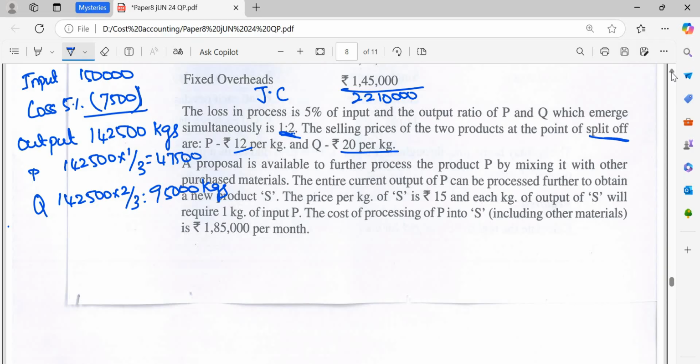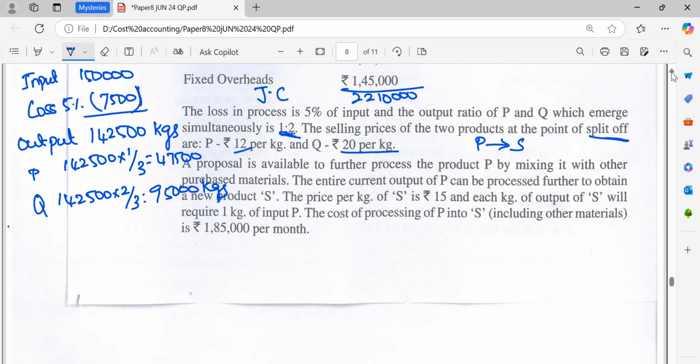P can be processed by mixing it with other purchased material. The entire current output of P can be processed further to obtain a new product S. So altogether P will be newly formed as S. The S price is 15 rupees.